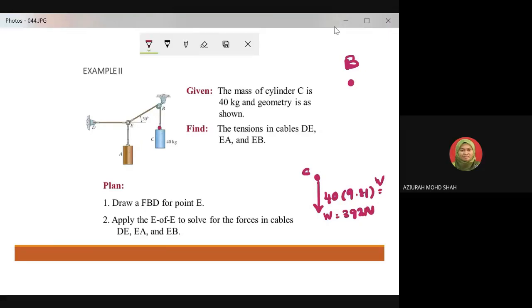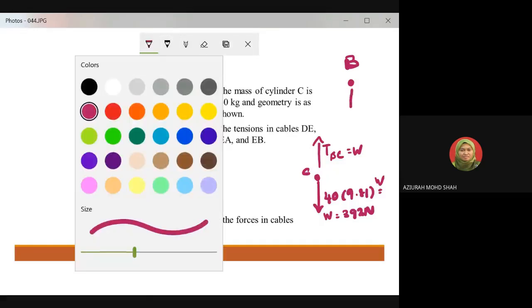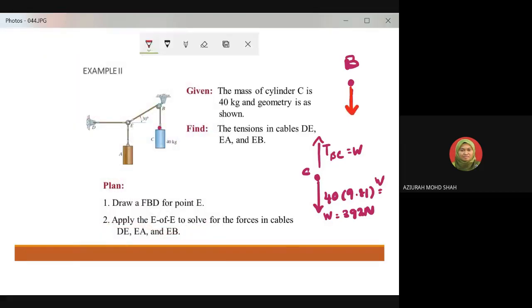392 Newton. So obviously dekat kabel TBC ni you akan dapat the same thing, which is equal to W. Right, this is point C. For point B, I'm going to draw the point B. This is the TBC, which we know that it's equal to W. And because this is the pulley, we have pulley here and this cable passing through this point.